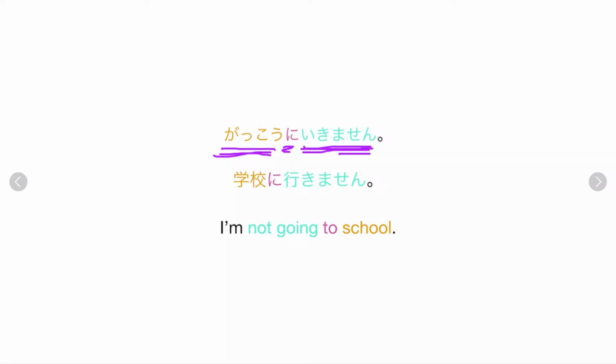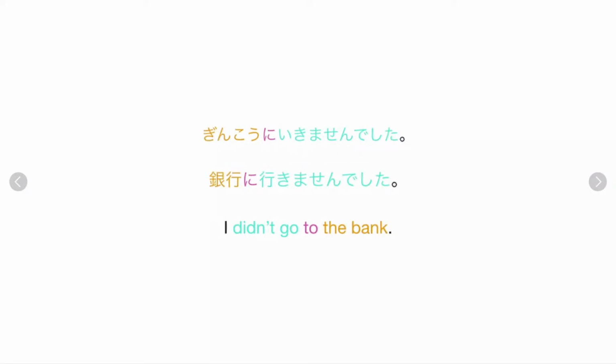I'm not going. 銀行に行きませんでした. So 行きませんでした is did not go. Now it's past negative. And 銀行 is bank. 銀行に, to the bank. I did not go.